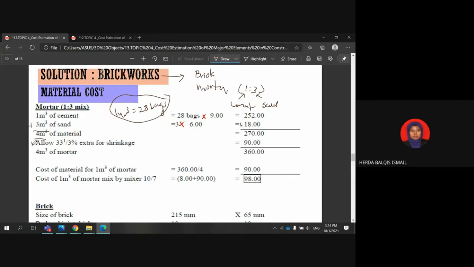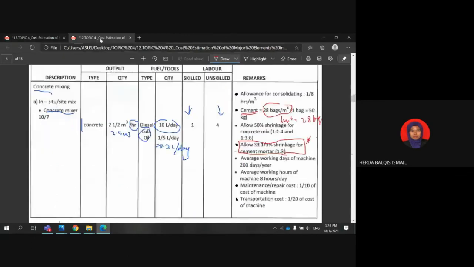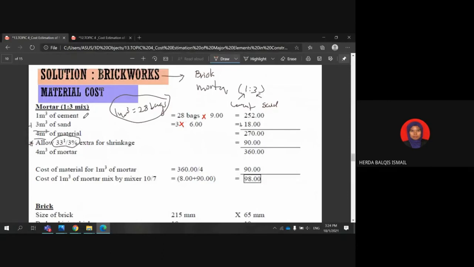With the consideration of the shrinkage, you need to take this constant as stated in the remark column. You take 33 1/3% extra for shrinkage, so multiply 33 1/3% of the price of 270 ringgit, and you will get 90 ringgit.